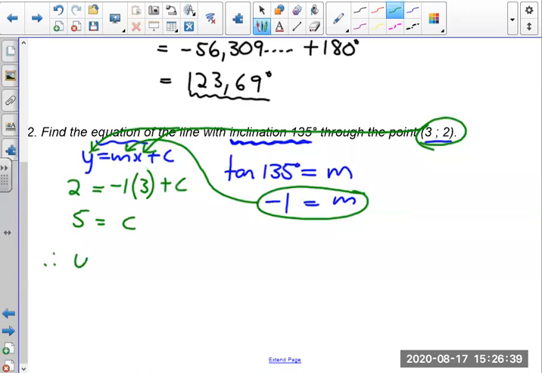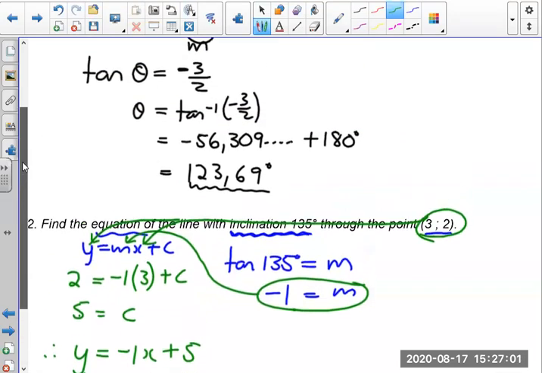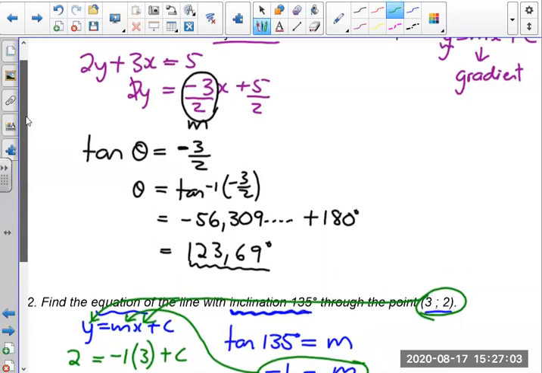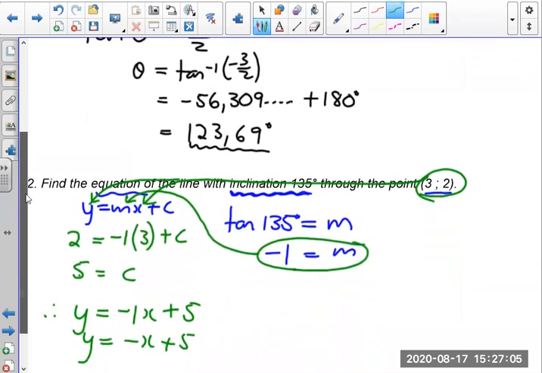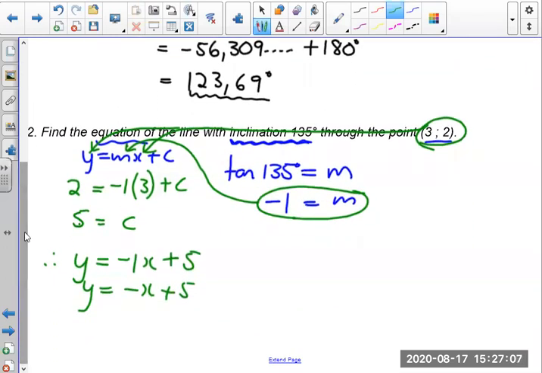So your equation is y equals minus 1x plus 5, your gradient was minus 1, your y-intercept was 5, and there you have your equation. Whether you write it like that or whether you write minus x plus 5, that really doesn't matter. So in the 2 cases here, the first one, the gradient was given and you had to find the inclination. The second one, the inclination was given, and you had to find the equation.